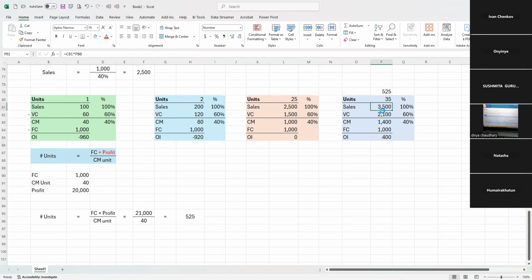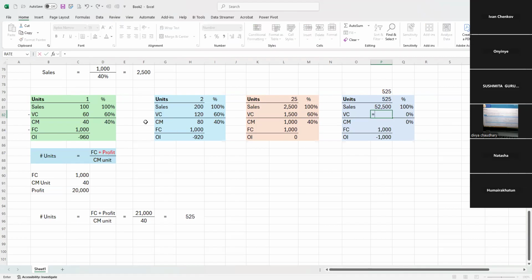Let's see if that's going to work. Let me do some formatting first. So how much will be my sales if I'm selling 525 units? This one times 525, it's going to be 52,500. That's my sales.